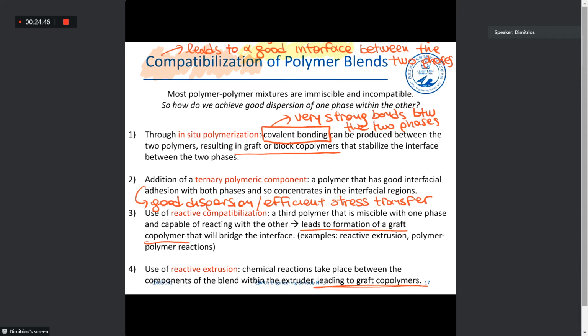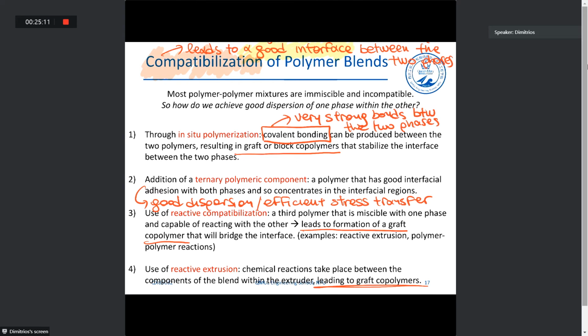So in order to blend two immiscible polymers and enhance the interface, the first technique that we use is in situ polymerization, okay? By using in situ polymerization between the two polymers, we achieve covalent bonding, and of course that results in graft or block copolymers that stabilize the interface.